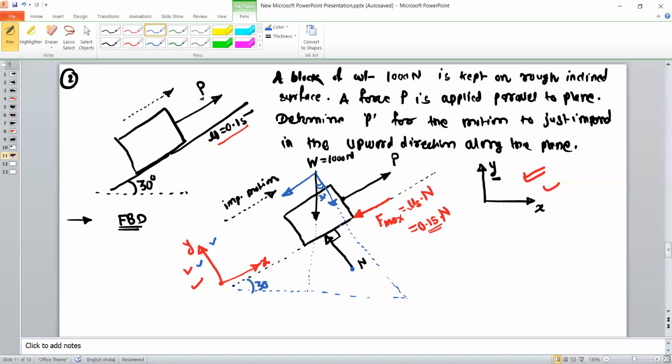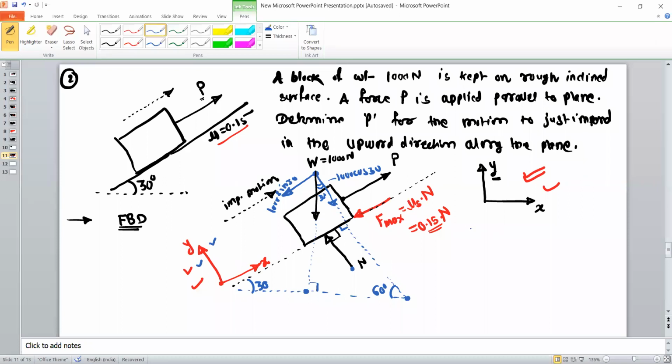So this angle is 90 degree, this is 30 degree, so this will be 60 degree. Now in this right angle triangle, this is 60, this is 90, so this will be 30 degree. Now you can resolve. Its y component will be 1000 cos 30. X component will be 1000 sin 30.